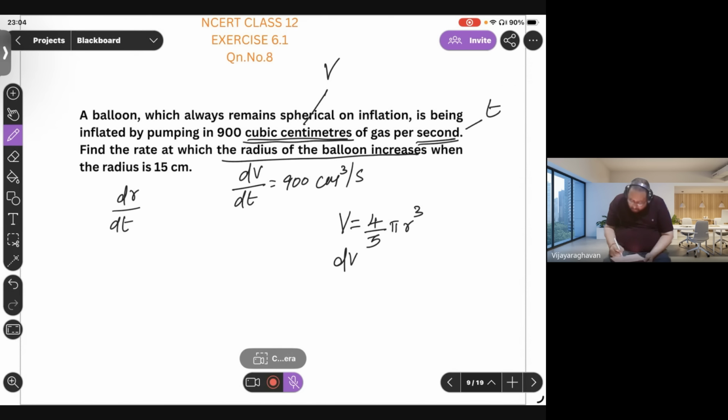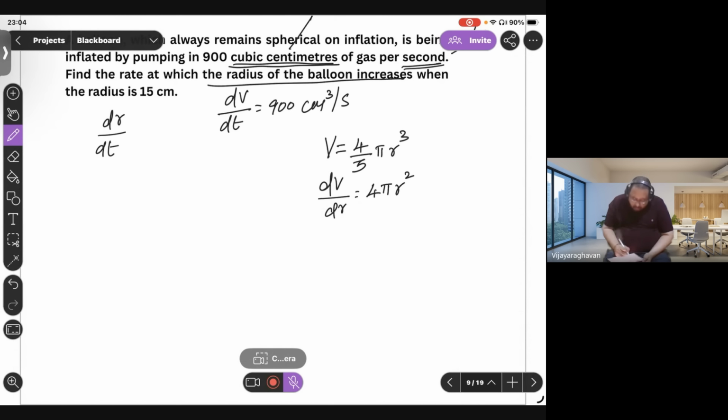Our dV/dr is 4 pi r square. Fine. So let us establish the chain rule. Time pushes radius, that pushes the volume. So we have dr/dt multiplied by dV/dr equals dV/dt.